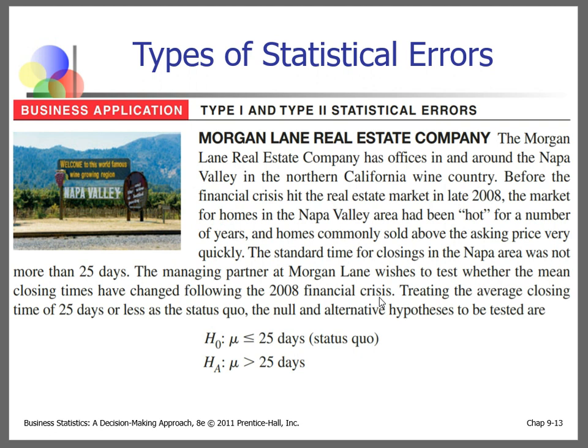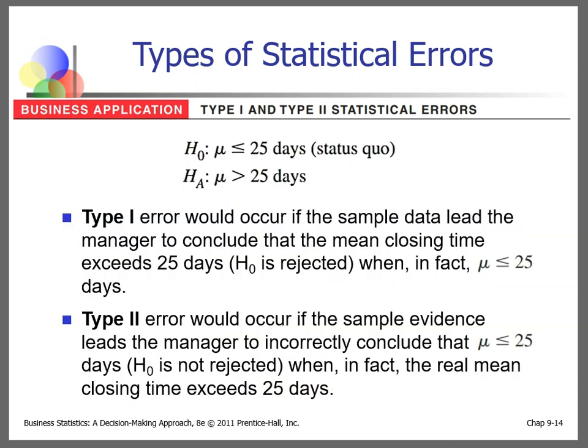Treating the average closing time of 25 days or less as the status quo, the null and alternative hypotheses to be tested are the following. To test this hypothesis, the managing partner will select a random sample of home sales in the Napa Valley during 2009.